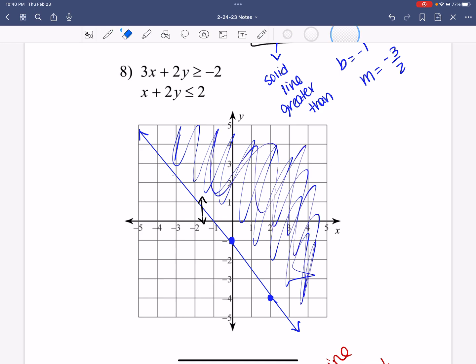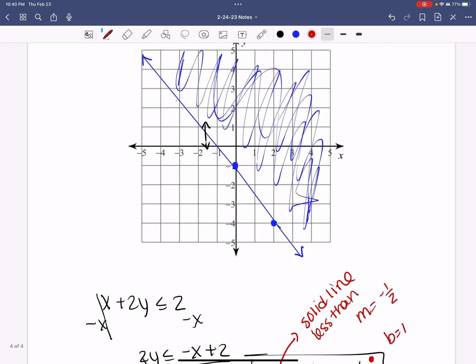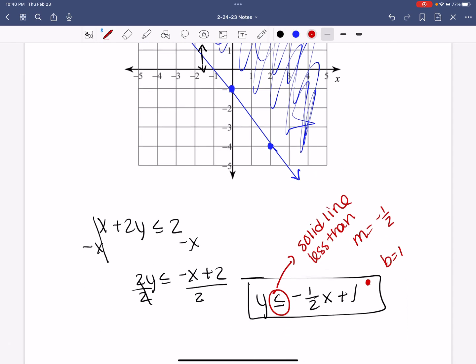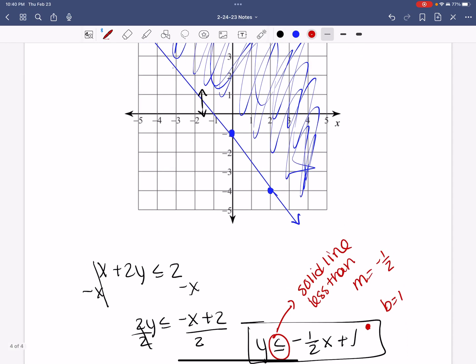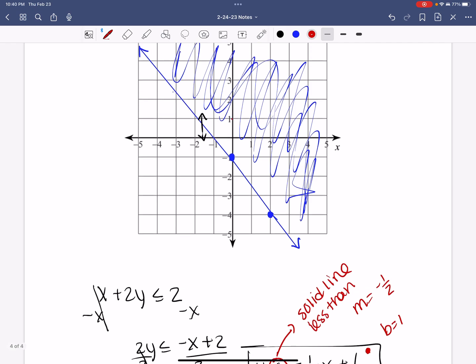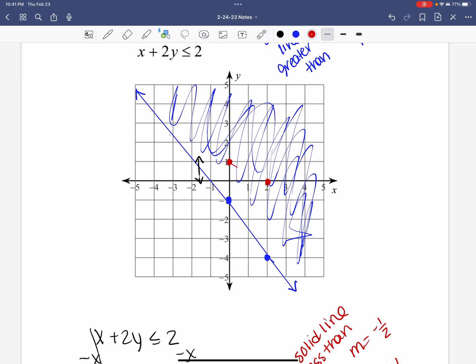Okay. So now I'm going to go to my red. My b was 1, and I'm going down 1 and over 2. It's still a solid line. And this time it is less than. So I'm going to go ahead and still connect my dots.